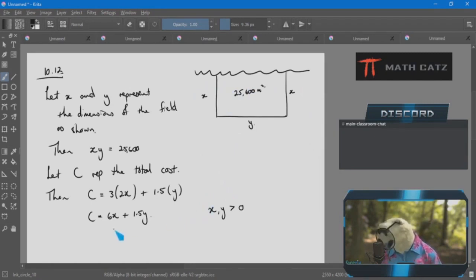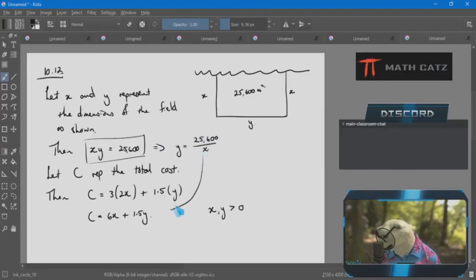So let's move forward, realizing that again I have a function based on two variables. That's not going to go well. That's why they give me this extra bit of information. I can maybe solve for y. Why not? And then I'll have y equal to 25,600 over x. That then goes into here, into my function.